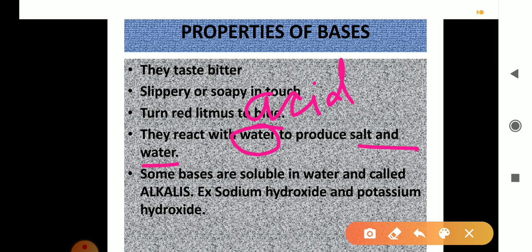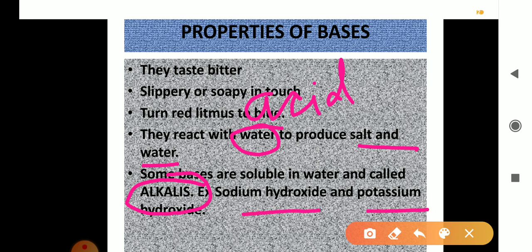Some of the bases are soluble in water, not all, but some bases can be dissolved in water, and they are called water soluble bases. A special name is given to them: alkalis. Examples are sodium hydroxide and potassium hydroxide.